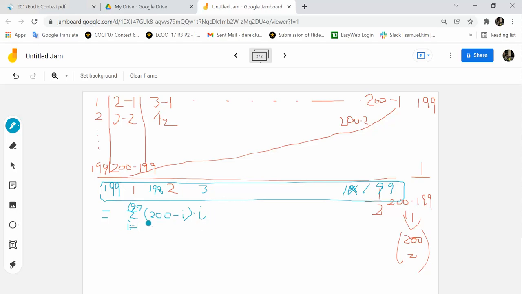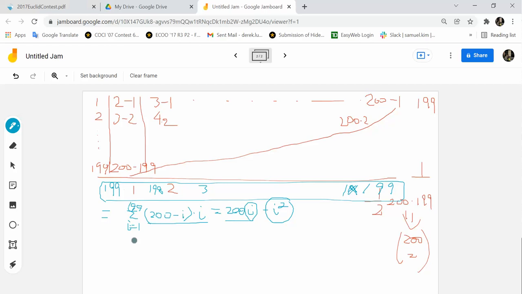So here, now we have the formula. This one equals what? This is 200 times i minus i squared, right? So we know this formula. We also know that formula, right? This formula is a little bit hard, okay? This formula is easy, right?